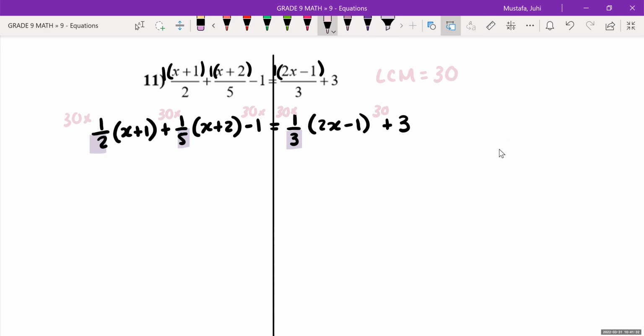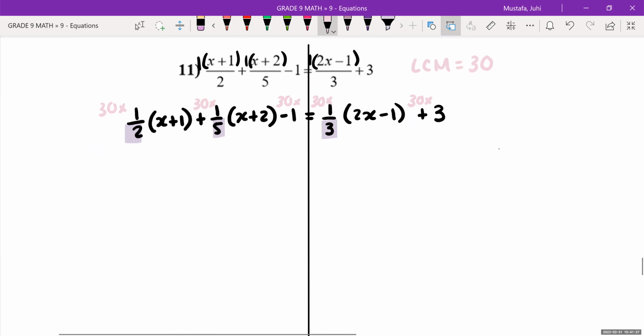And don't forget the positive 3. Remember, when you're multiplying the magic number, you're only multiplying it to the fraction to get the fraction to disappear. What's 30 times a half? Good. So this is going to be 15 bracket x plus 1. What's 30 times 1 over 5? Good job.